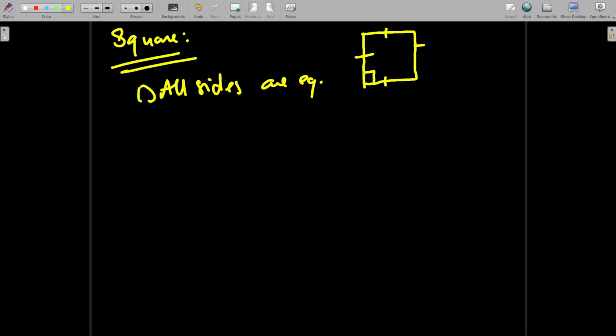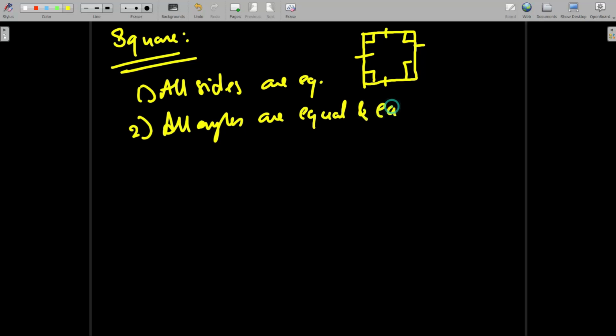This is 90, this is 90, this is 90 and this is 90. And each angle is of 90 degree, because the sides perpendicularly intersect. Whenever we say perpendicularly intersect, it means they are of 90 degree.